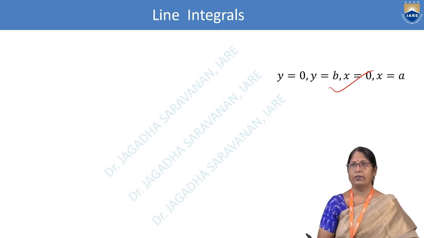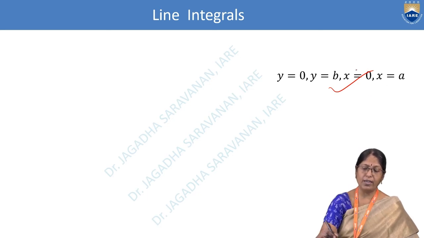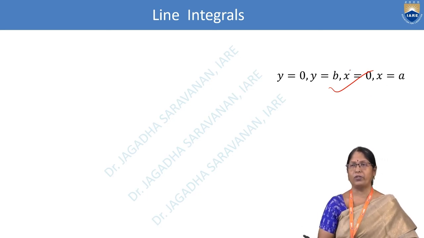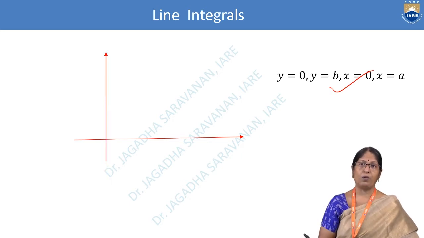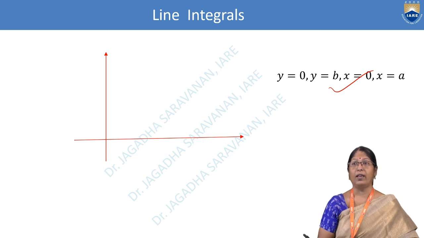Now, this is the boundary. The region is bounded by these limit points. So first, looking at these limit points, we will draw the diagram. Since the question gives the xy plane, we have drawn the x-axis and y-axis.